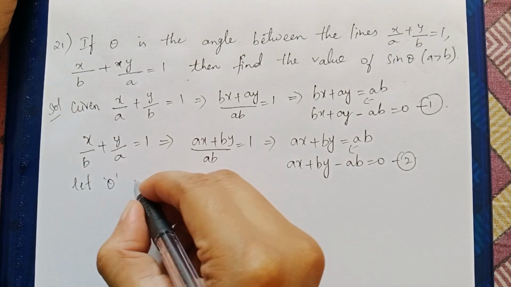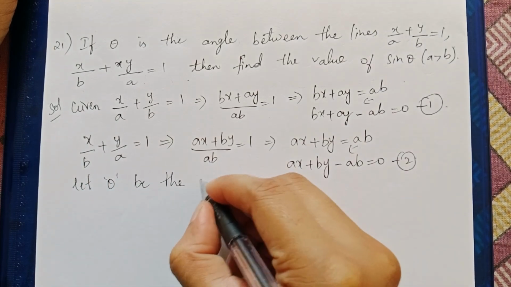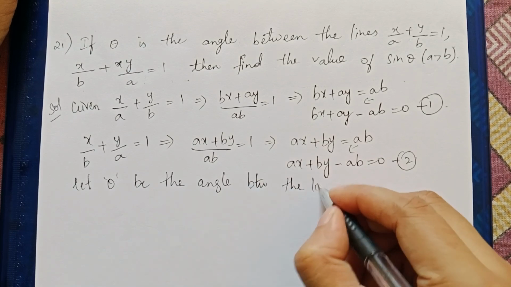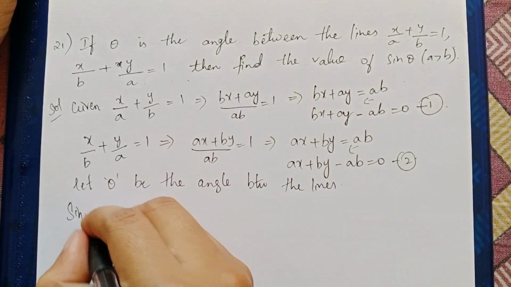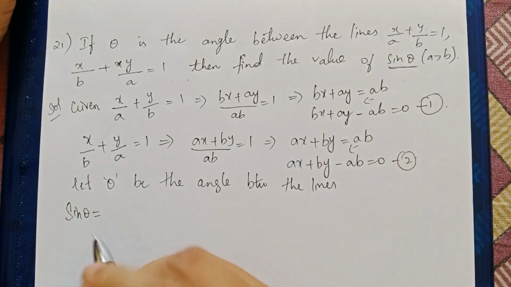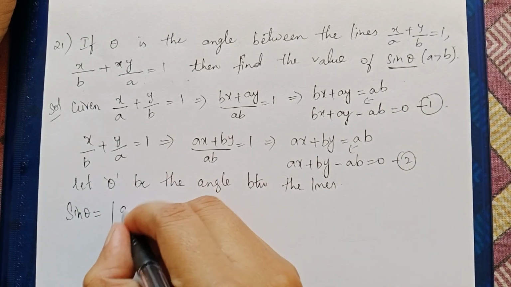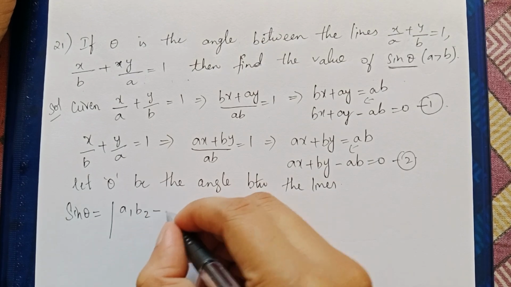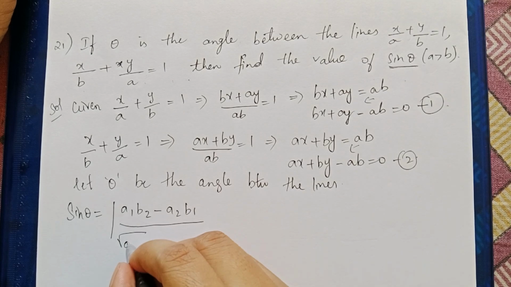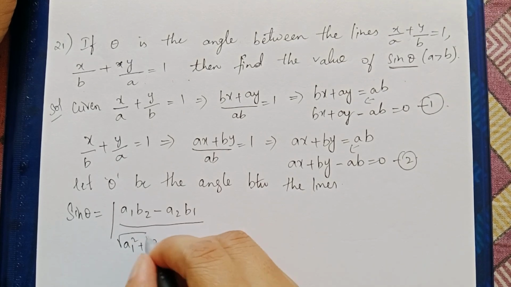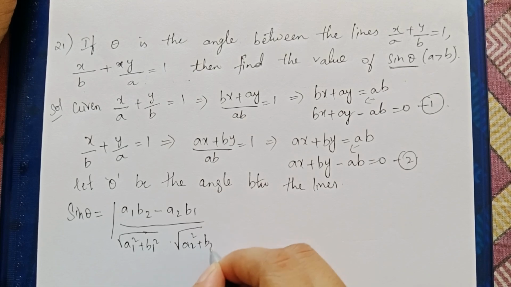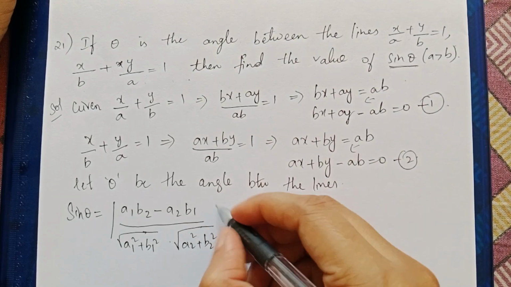Let theta be the angle between the lines. The sine theta formula is there, okay? You know, we need to find the value of sine, as asked in the question. So the formula is mod of (a1 b2 - a2 b1) by root of (a1 square + b1 square) into root of (a2 square + b2 square), okay?